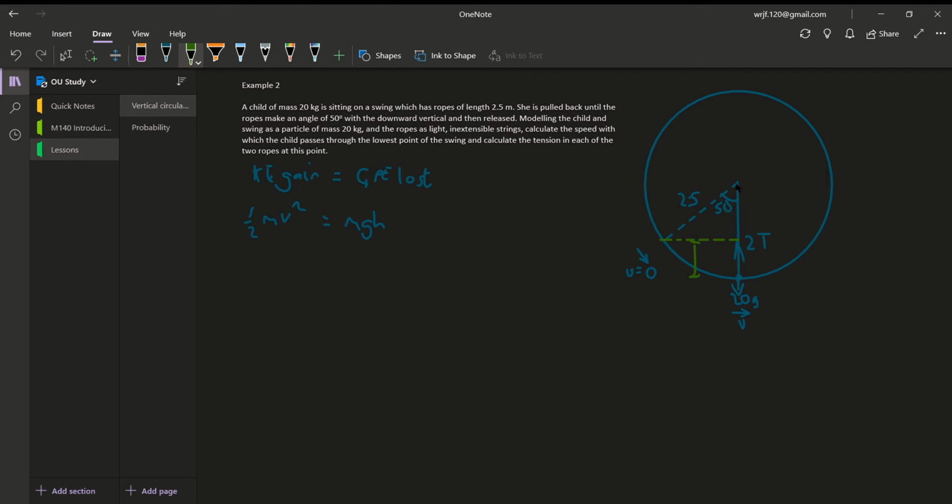So that vertical length from the centre of the circle down to the green line is going to be 2.5 cos 50, and that means that h, the change in height, is going to be 2.5 minus 2.5 cos 50.